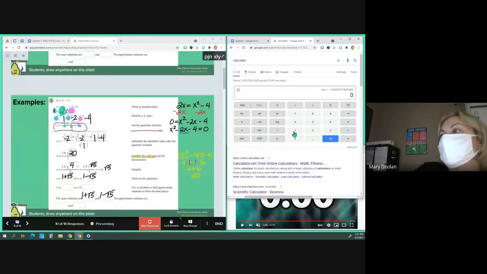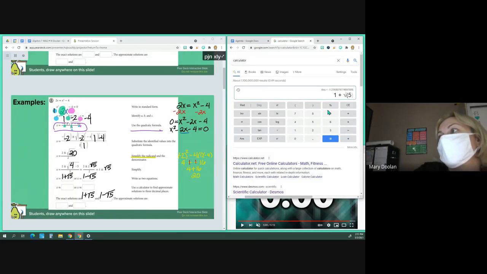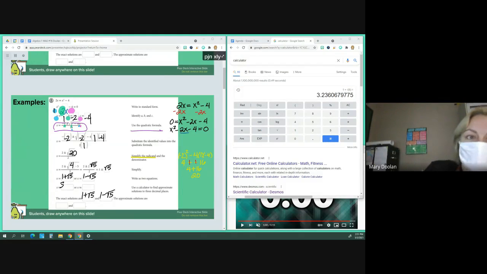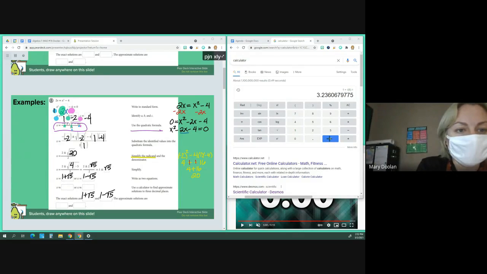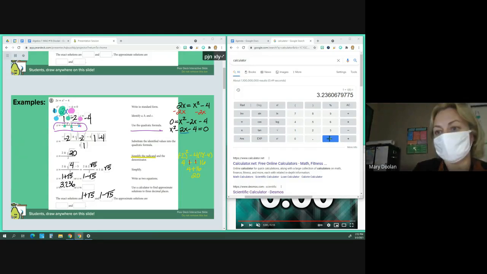If I put in 1 plus the square root of 5 equals, I'm going to get about 3 decimal 236 because they want you to go to 3 decimal places.